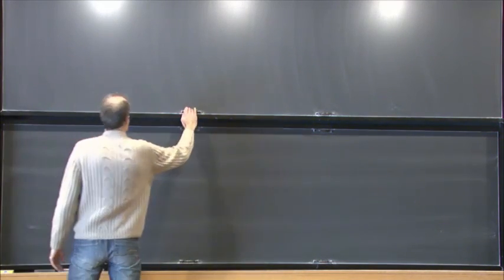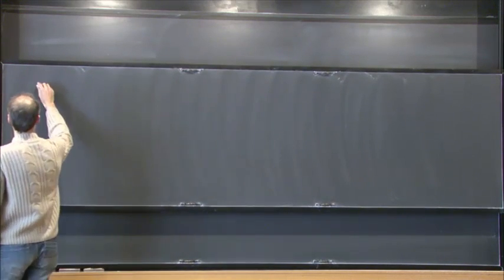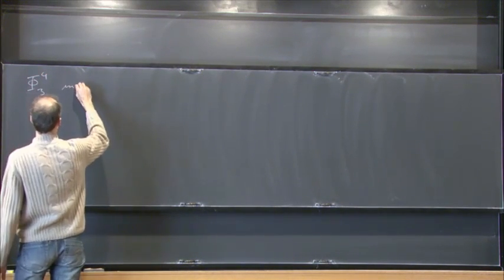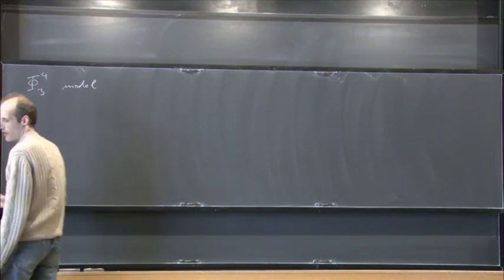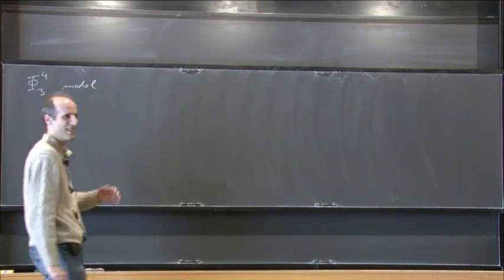So let me start by recalling what people mean by the Φ^4_3 model, the usual static Φ^4_3 model. The audience is very disparate. Some of the audience were there at the time, and I'm not going to say anything to them that they haven't known for 25 years.